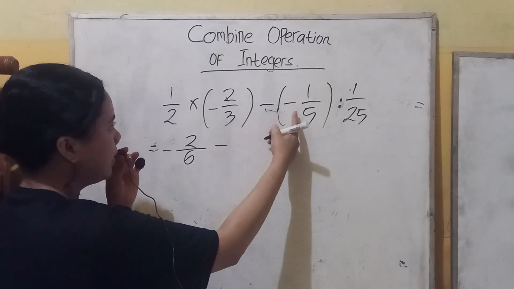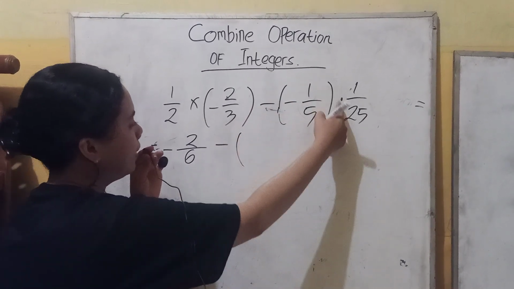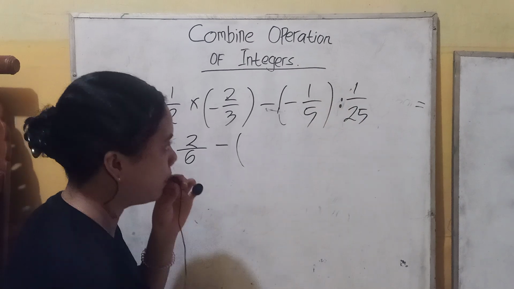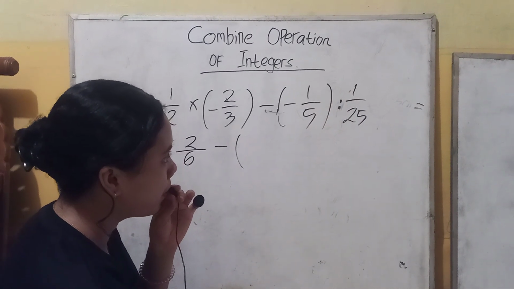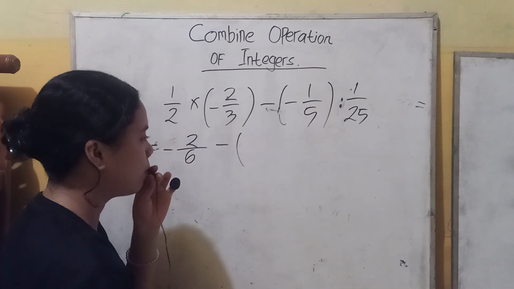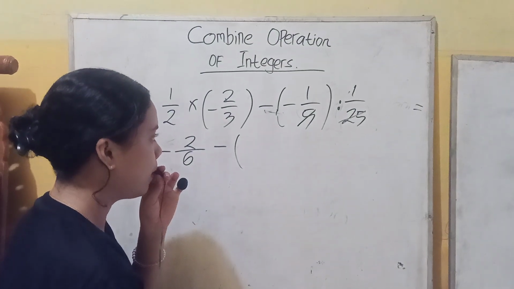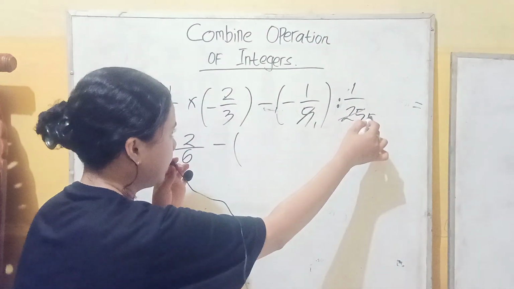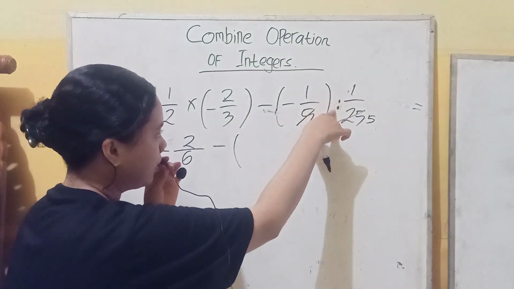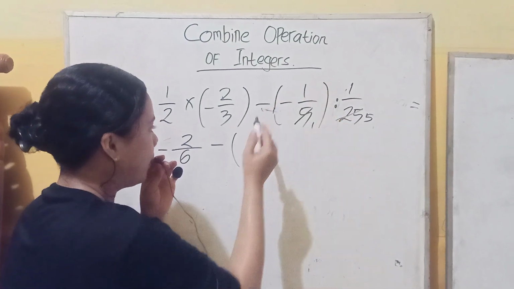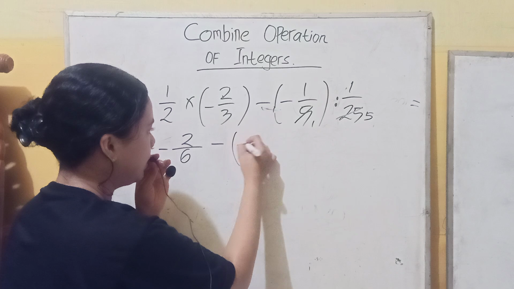Then minus -1 out of 5 divided by 1 out of 25. Okay, so it means you can cross, right? Okay, so this one 1, this one 5. Or if you want to switch it, later on it becomes times, right? Okay, let me make it easy for you to see.